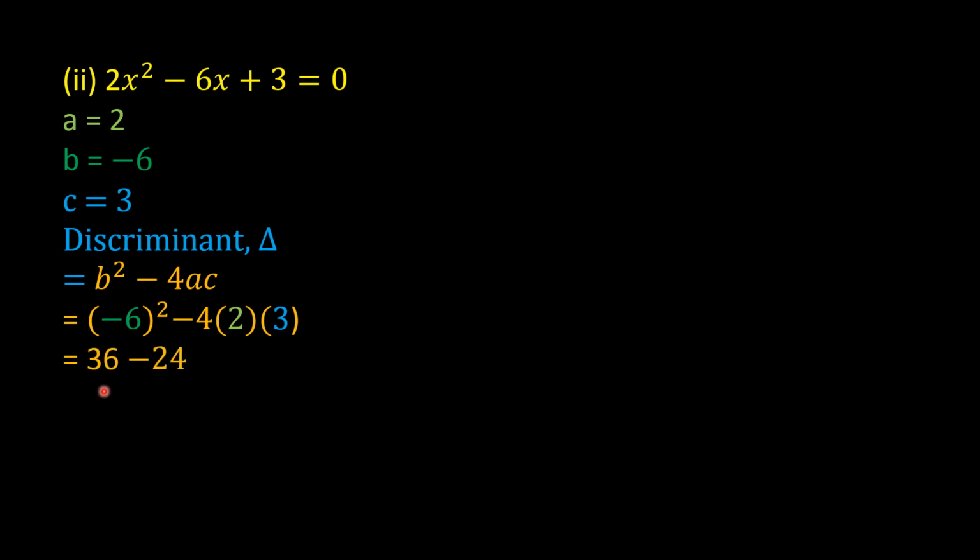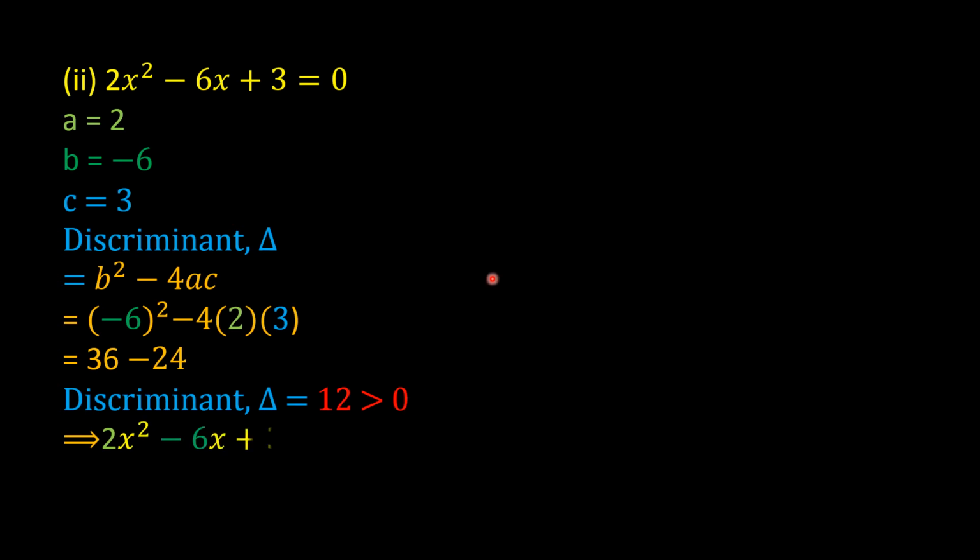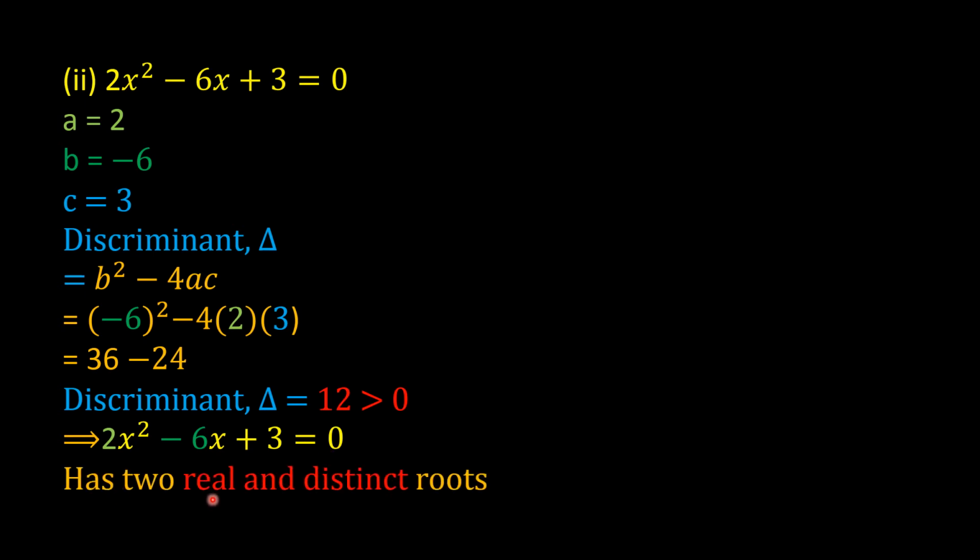Minus 6 squared will be 36, minus 4 multiplied by 2 will be minus 8, minus 8 multiplied by 3 will be minus 24. So 36 minus 24 will be 12, which is a positive quantity. So this quadratic equation 2x squared minus 6x plus 3 equals 0 will have two real and distinct roots.